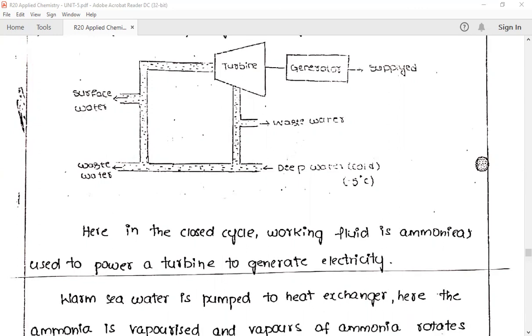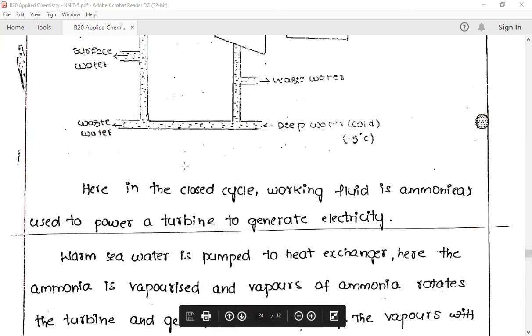This is the diagram, and the wastewater comes out. In this way, the process repeats by using the low boiling point liquid fluid, which is known as ammonia. The warm water is pumped to the heat exchanger.